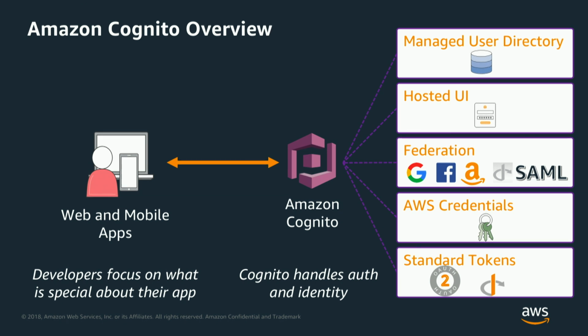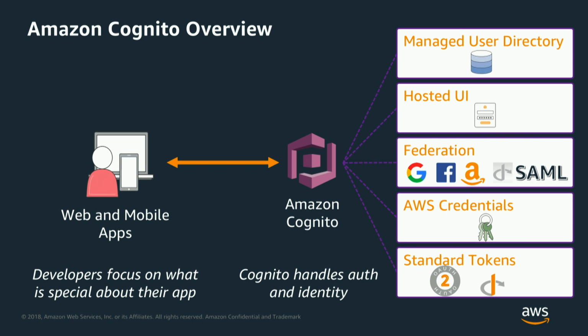From an overview perspective, you can use federated identities and federation pools as well as identity pools. You can create identities and manage users in Cognito itself through a managed user directory.